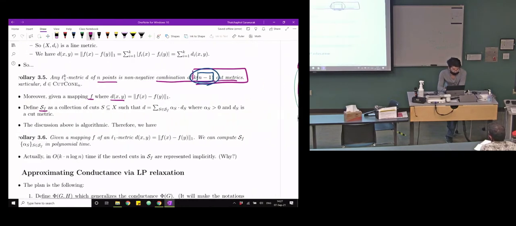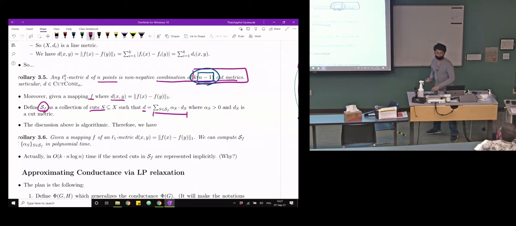Call it the collection of all cuts such that D can be written as a non-negative combination of these cuts. We know that any L1 metric is a non-negative combination of a bunch of cuts. Call that collection of cuts script S of F.